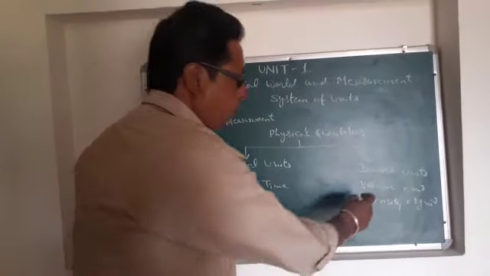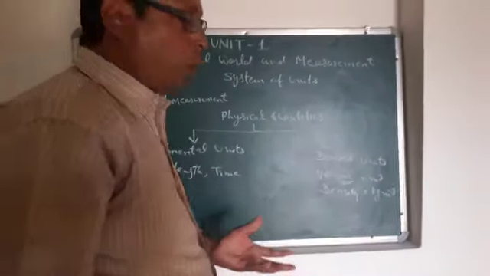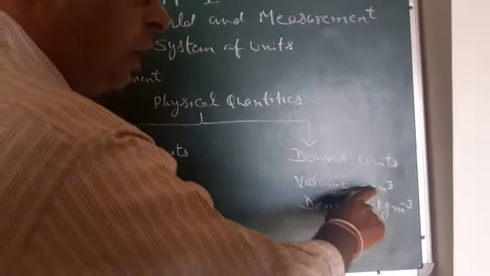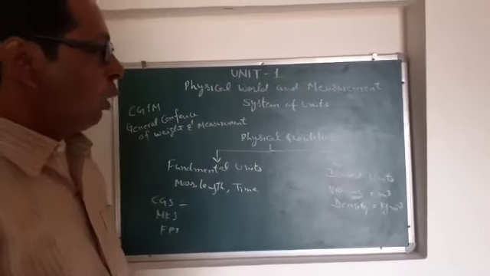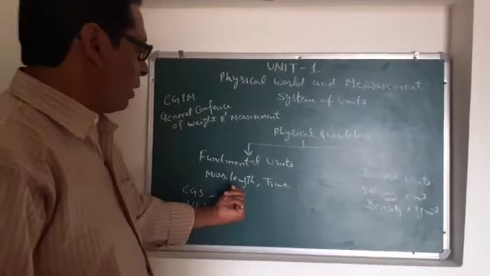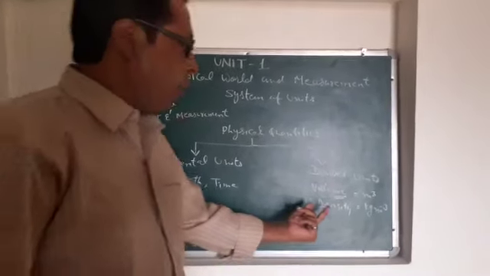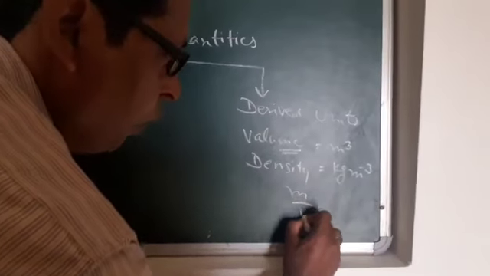For example, volume. Volume means length cubed, L into L into L. Length is measured in meter, so volume is meter cube, derived from meter, which is the basic unit of length. Similarly, density means mass upon volume.